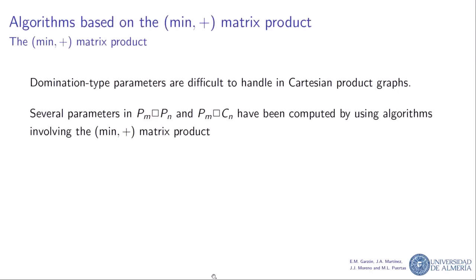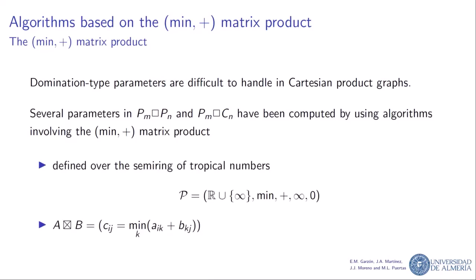In general, domination type parameters are difficult to handle in Cartesian product graphs. Several parameters of this type have been computed by using algorithms involving the min-plus matrix product in both grids and cylinders. This matrix product is defined over the semiring of the so-called tropical numbers, which is a semiring with set the real numbers union infinity and operations minimization and addition.